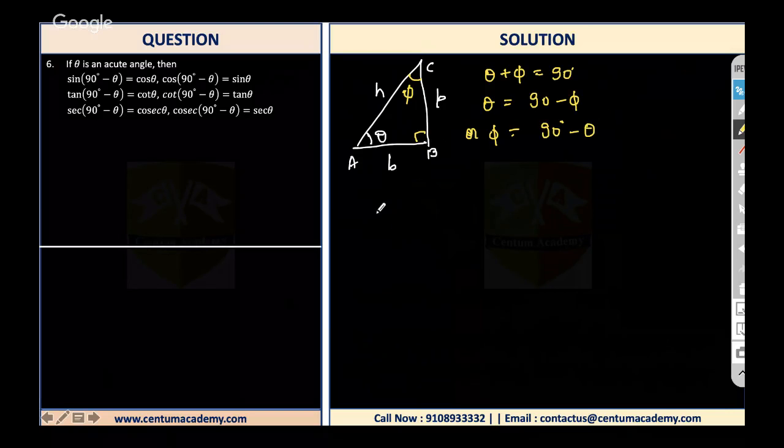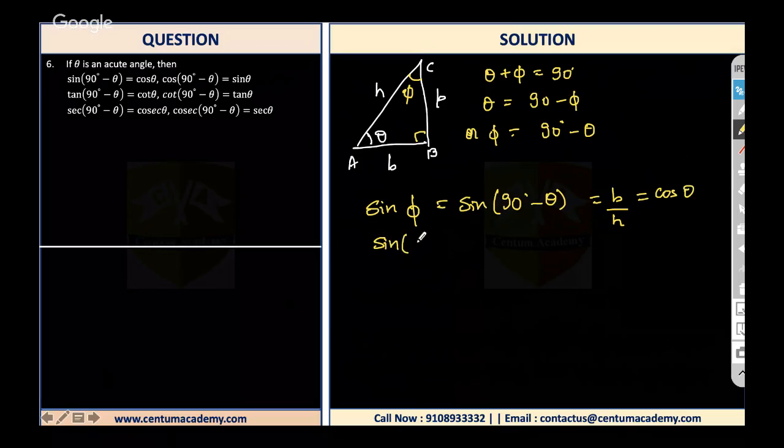Let us say sine of phi is equal to sine of 90 degrees minus theta. Now from trigonometric knowledge, we know sine phi is opposite by hypotenuse. Opposite is B and hypotenuse is H, which is nothing but cos of theta. So what do I get?